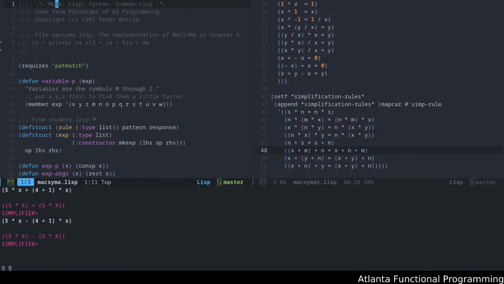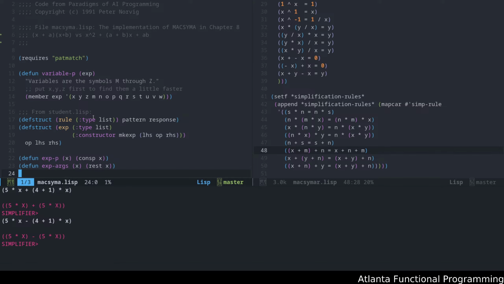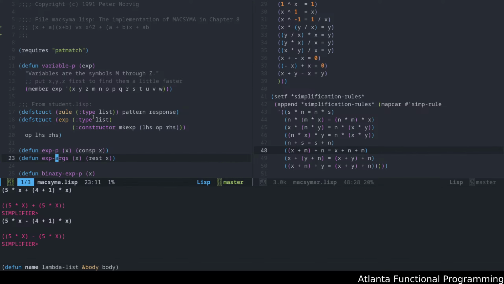So if you see here, the expression that it's going to get is everything that's the rest of X, right?